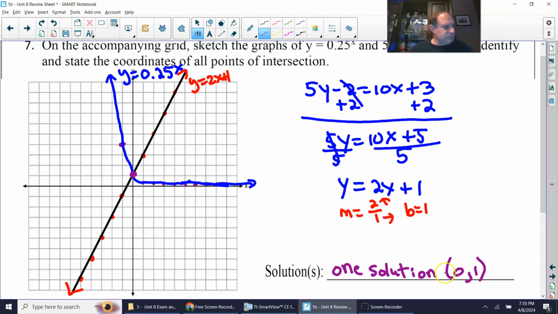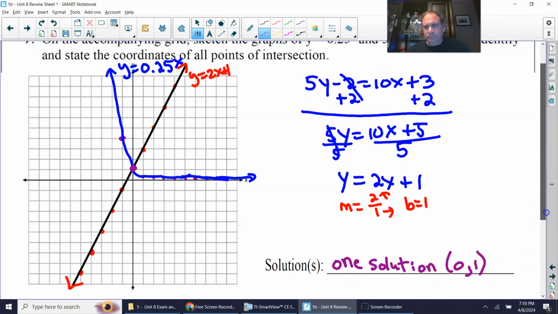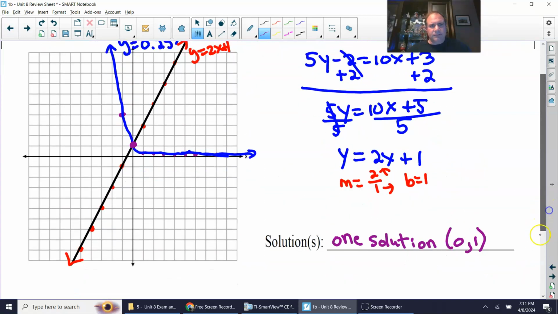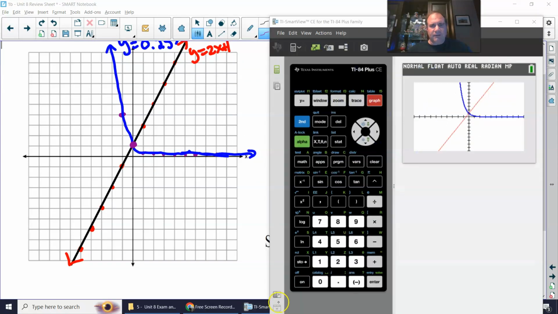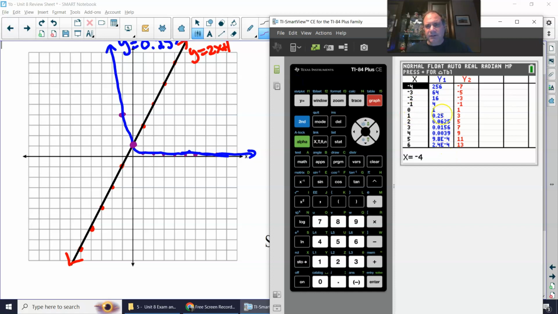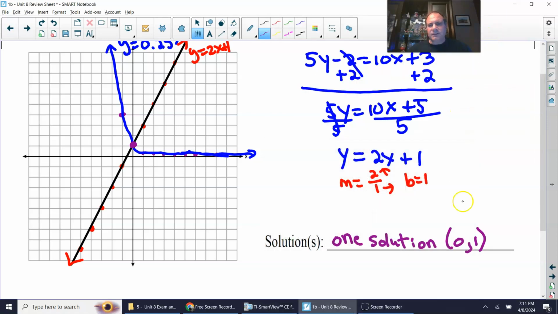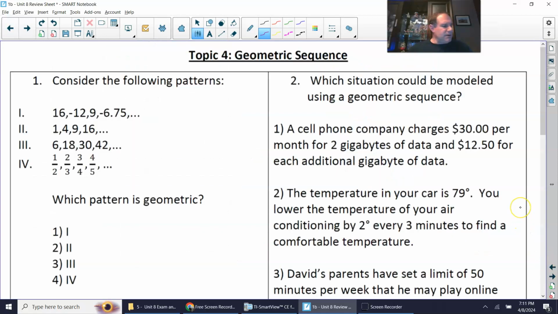You can check it out on the calculator right there. Crosses at 0, 1. And if you look at the table, 0, 1. That's the only point that it intersects. All right, to the last topic.